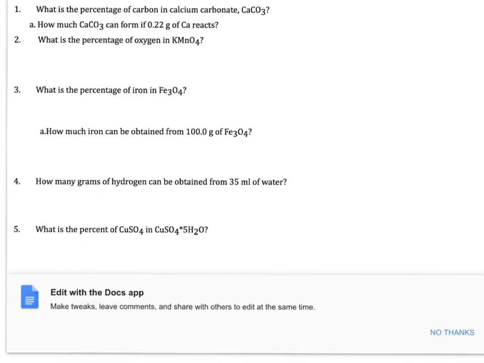So again, you can put it into ratios, but I would set it up like this, where I'd say if I have 0.22 grams of calcium, for every 40 grams of calcium, I would have 100 grams of calcium carbonate.